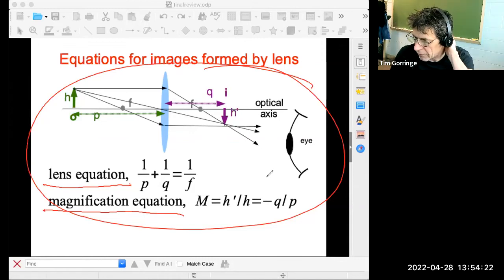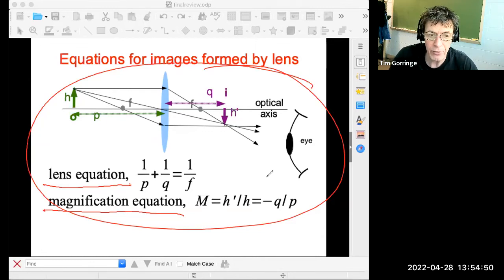Just a couple of remarks about converging mirrors and lenses and diverging mirrors and lenses. So converging mirrors and lenses can make magnified and minified, bigger and smaller images. They can make what we call real and virtual images. Real images you can actually focus on a screen. Virtual images just appear to come from a location. You can't focus them on a screen.